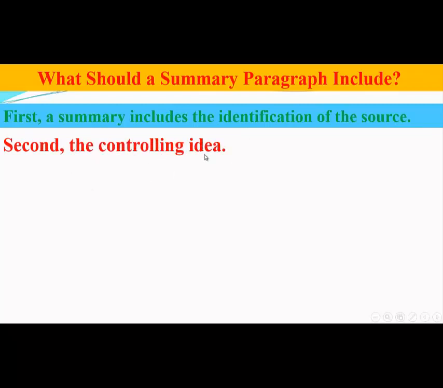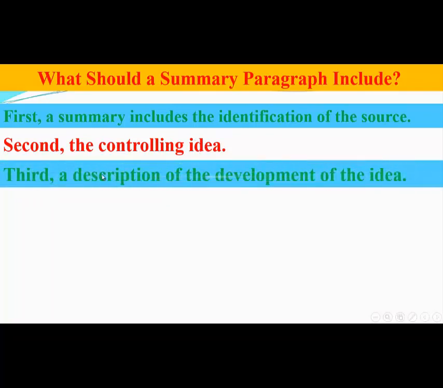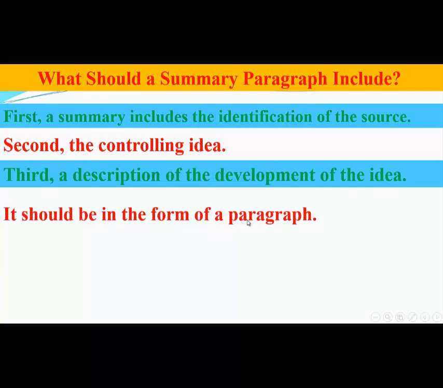Second, the controlling idea, the main idea, the major idea. Number three, a description of the development of the idea. A summary should be in the form of a paragraph.